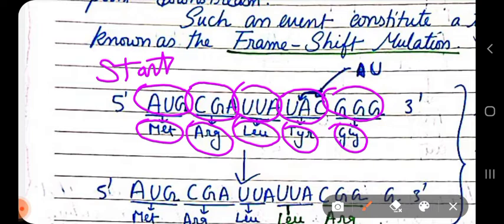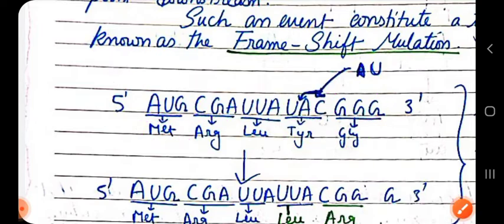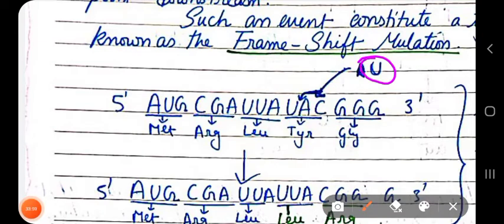Here, what happened? A U has been inserted into a certain coding region. Again, I repeat, it is inserted right here between the U and A of the UAC codon.